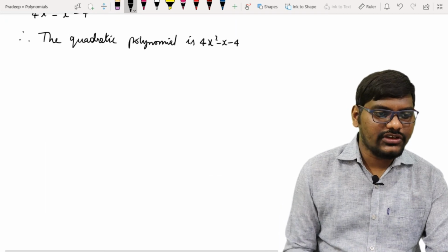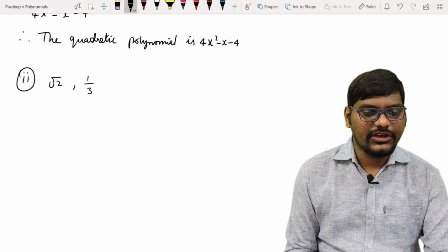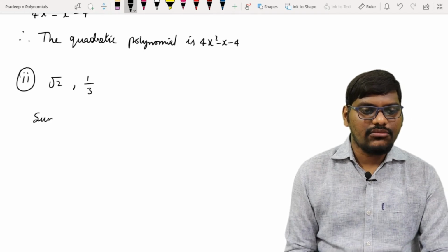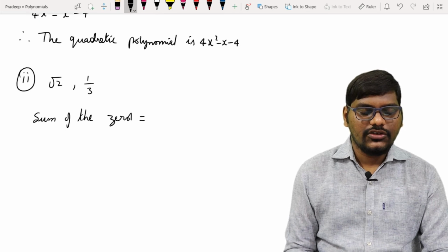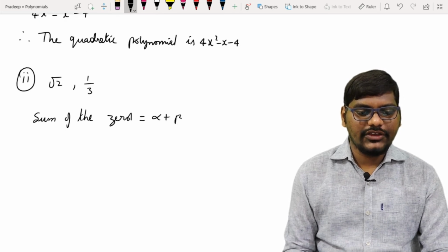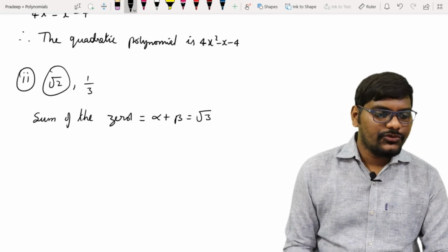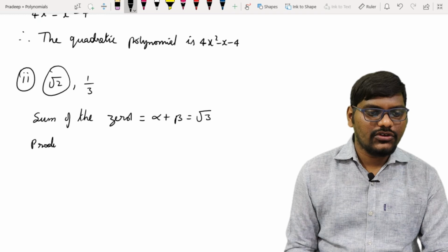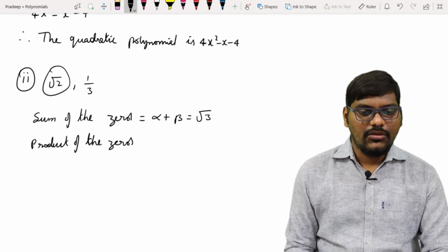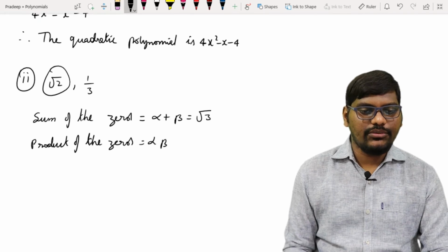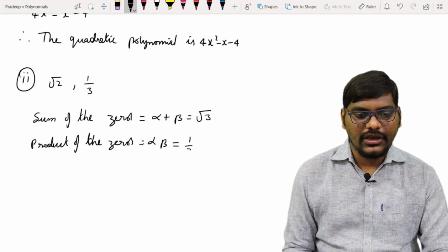So the next question is root 2 and 1 by 3. So right here, sum of the zeros, that is alpha plus beta, is a sum. So first value will be the sum, so I can write root 2. Next is product of the zeros, that is nothing but alpha into beta, where the product they have given is 1 by 3, so I can write 1 by 3.